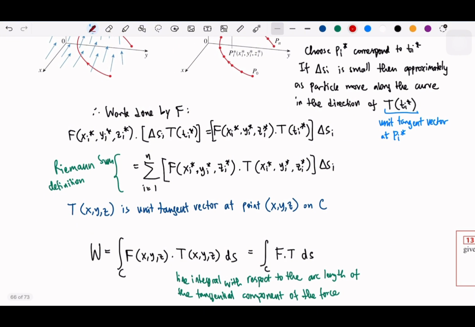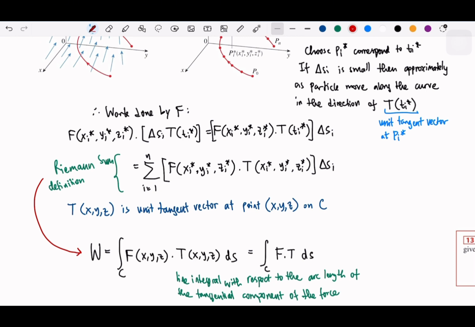So from the Riemann sum, we can write it using the line integral. Okay. And the unit tangent vector, if you remember, is actually r prime divided by its magnitude, right? Let me write some notes here.